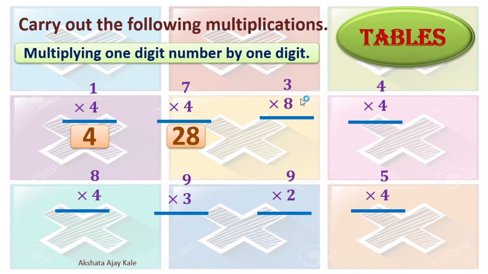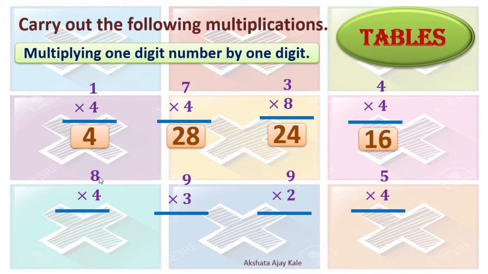Next one is 3 8 za, how much? 24. Right. Next one is 4 multiplied by 4, that is nothing but 4 4 za. Yes, 16. Very good.